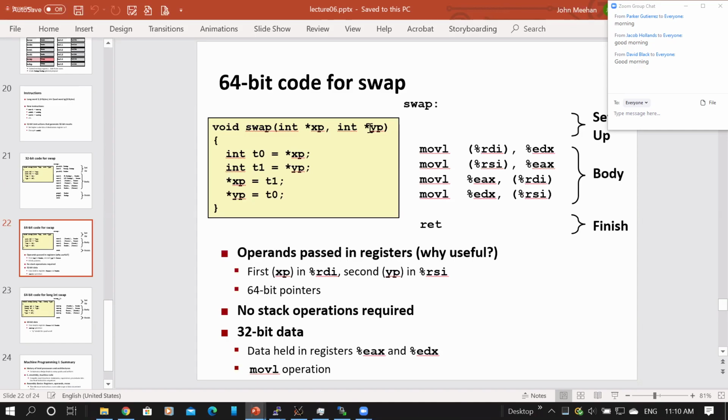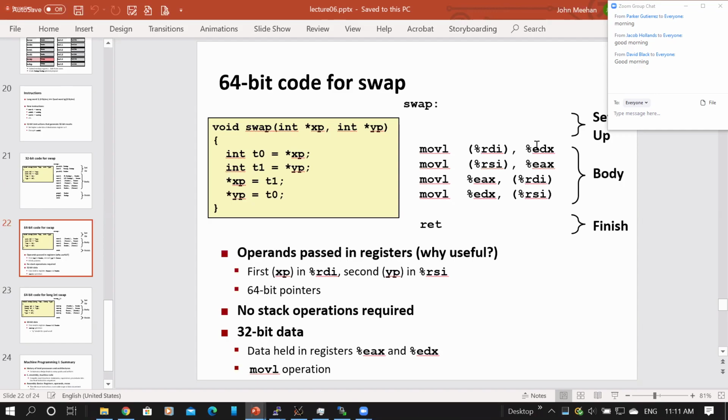So the caller loads up these registers with the things it wants to pass in, and the callee just assumes they're already there. And so you see that the code for this now is just saying, take what RDI points at, this address you passed me, pick up that memory location and put it in this EDX register.